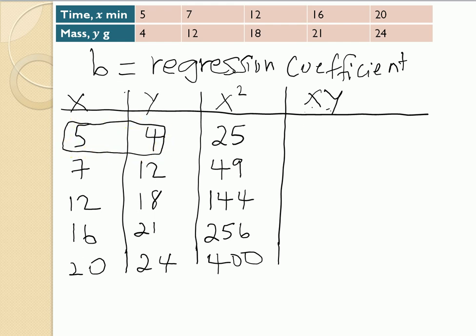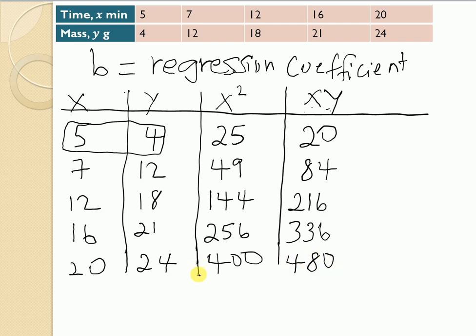So 5 times 4, that's 20. 7 times 12, that's 84. 12 times 18, that's 216. 16 times 21, that's 336. And 20 times 24, that's 480.